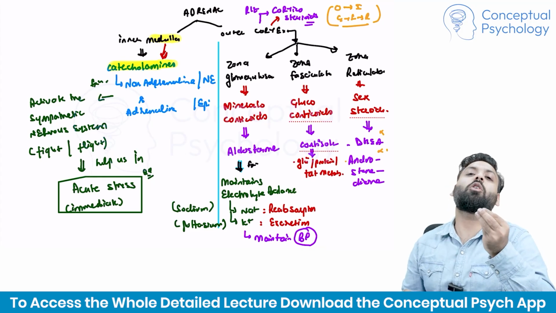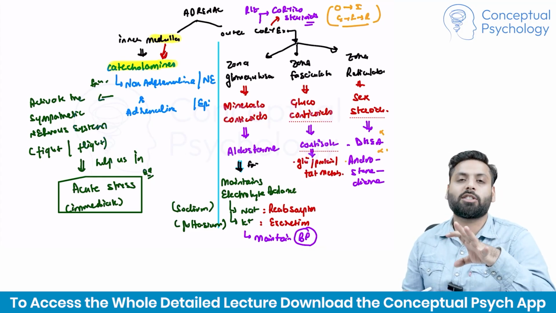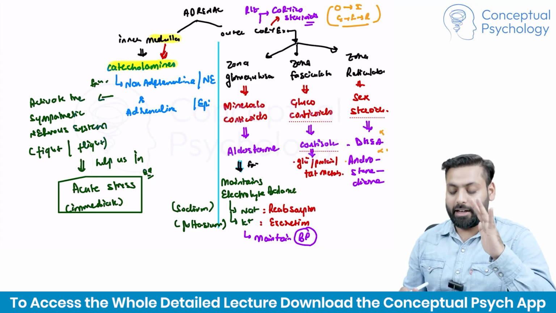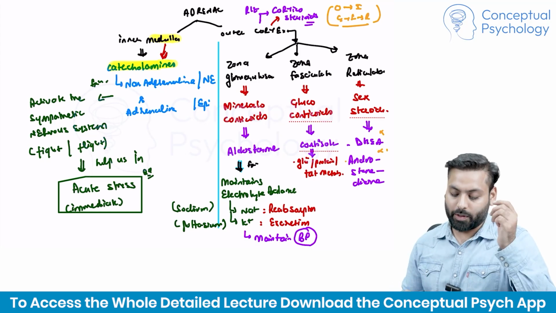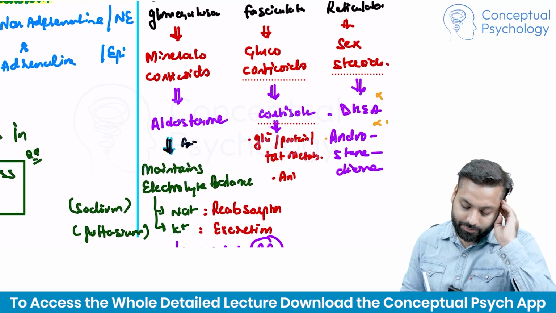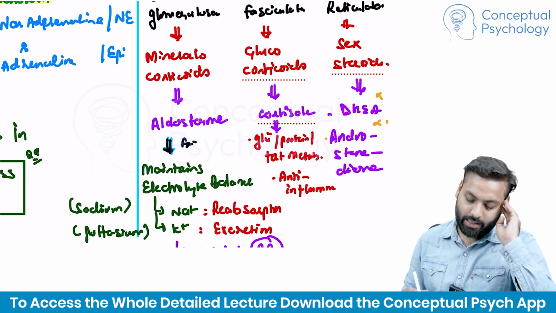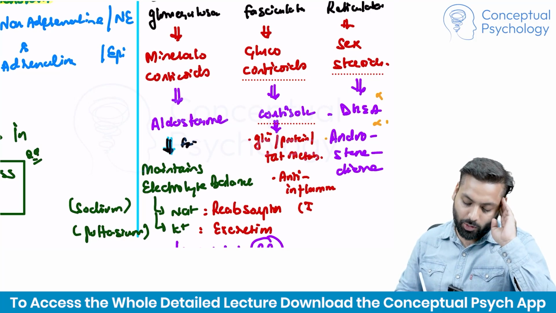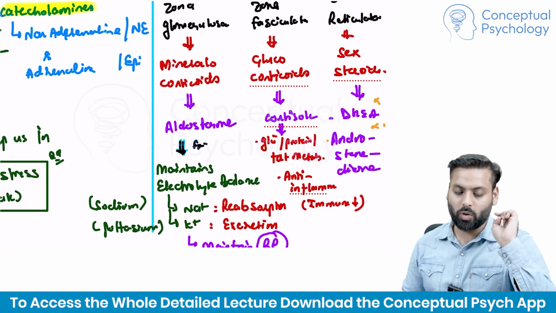These are the three main constituents in any person's body: glucose, protein and fat. And cortisol has an effect on all. Second is, it is anti-inflammatory. That is, it decreases the immune system.